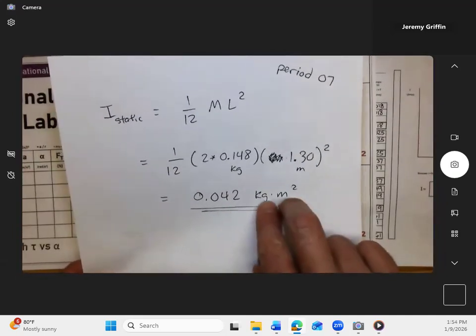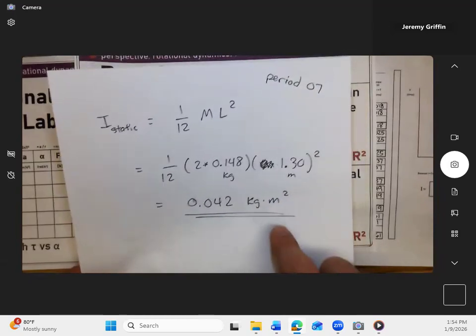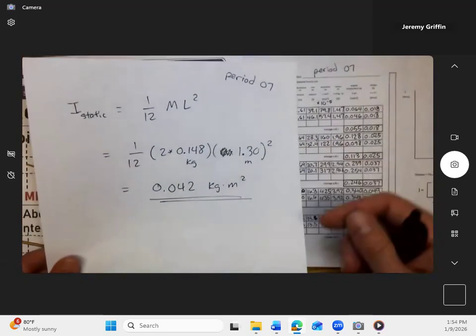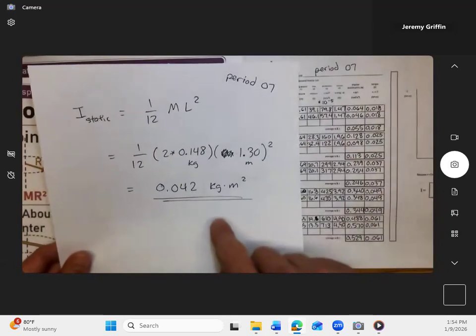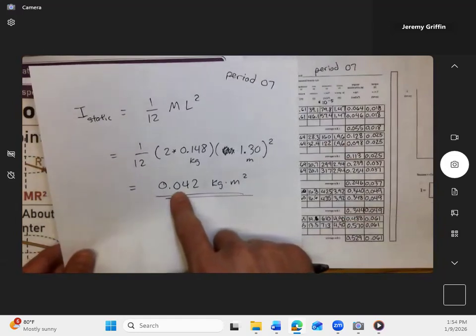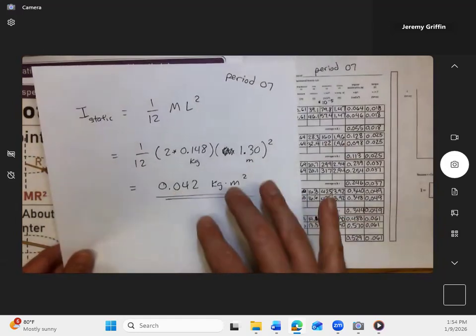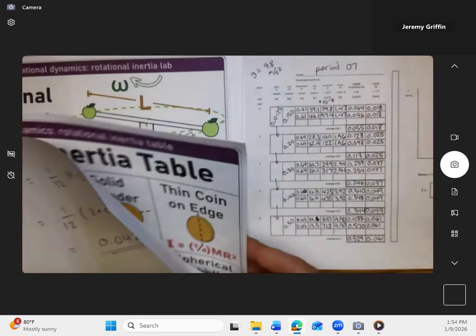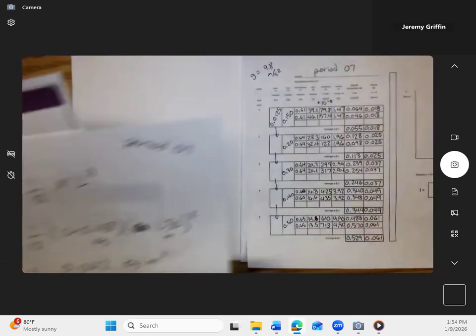The unit would be kilogram meter squared for rotational inertia. So I wonder if by the time we go through this whole dynamic process, it's going to be fairly close to that. Earlier today, my other classes were getting numbers closer to 0.1 to 0.2. So it's been off by a factor of like 3 to 5, but about the right order of magnitude.